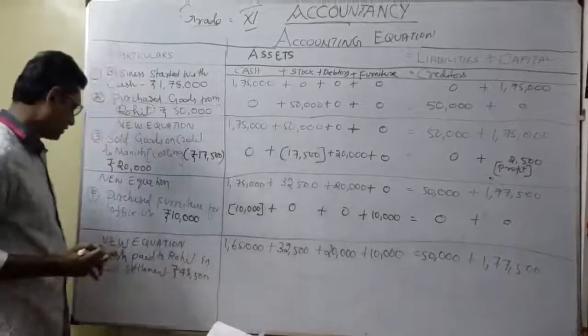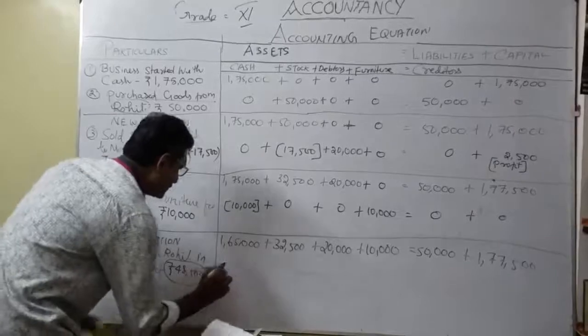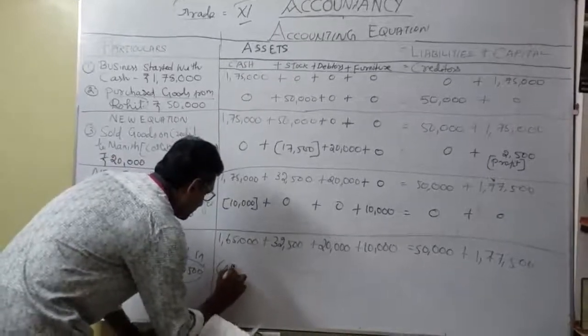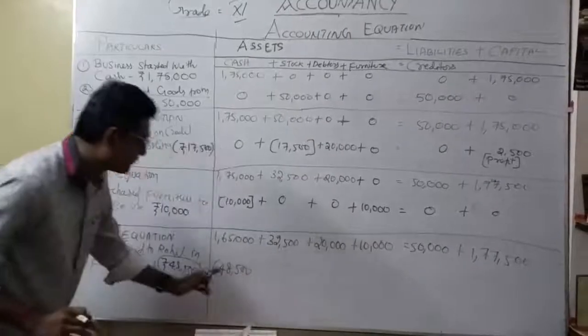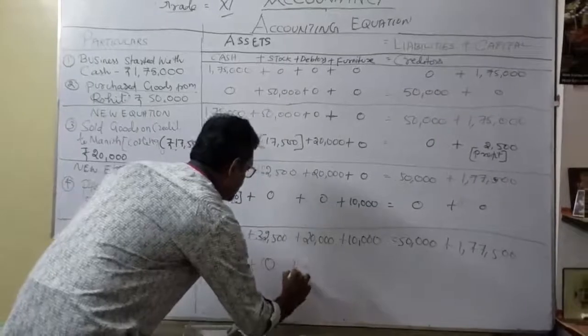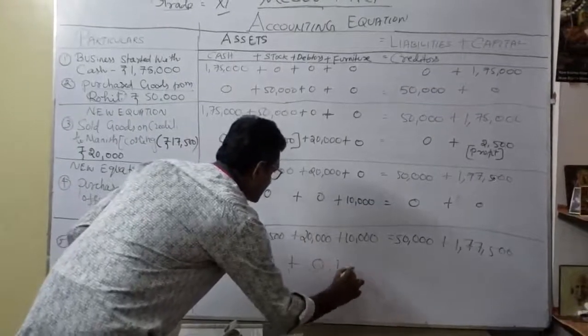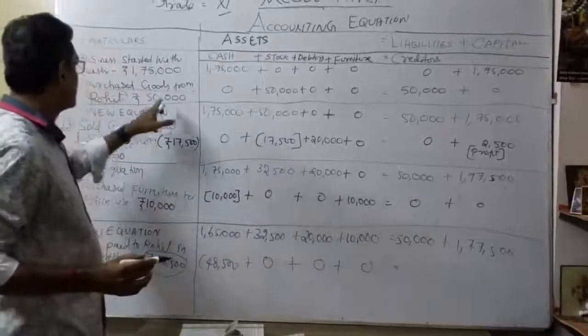See here, so cash paid. So how much reduced? This is the amount you paid. So within the bracket, 48,500 by cash reduced. Correct? Thereafter, what happened? Plus 0, plus 0, plus 0. Here, actually how much do I have to pay? 50,000 only.